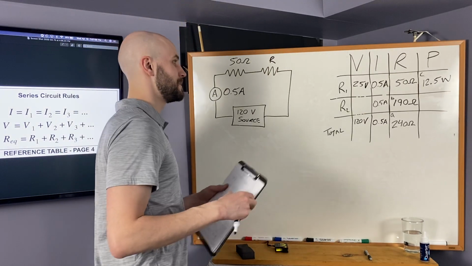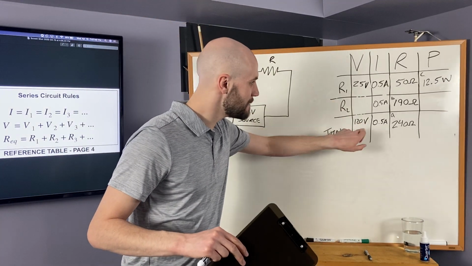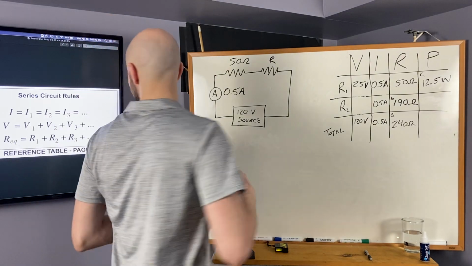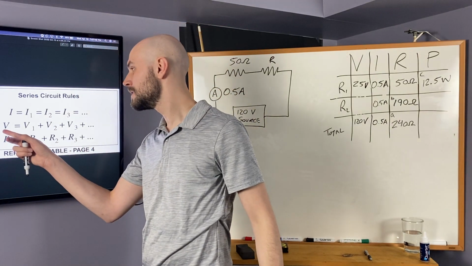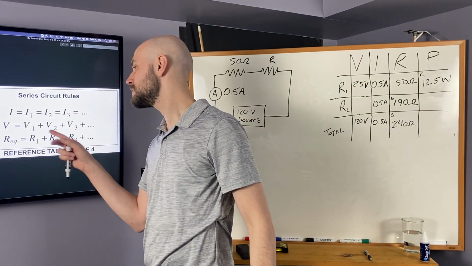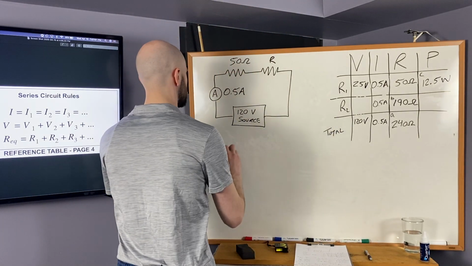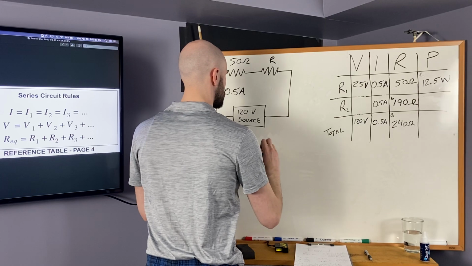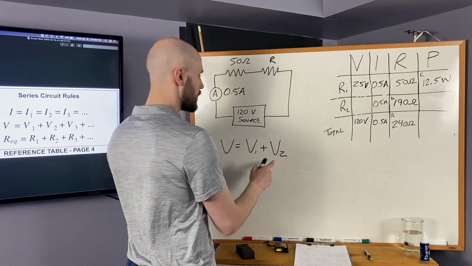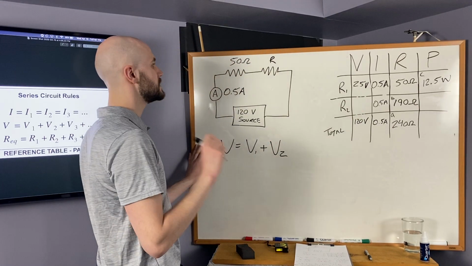Okay, another thing we know is that if I add these up, I get to 120 volts. That's a series circuit rule. The voltage of the source is equal to the potential difference across each one of the resistors. Let's use that relationship. Our goal is to find the voltage across resistor 2.